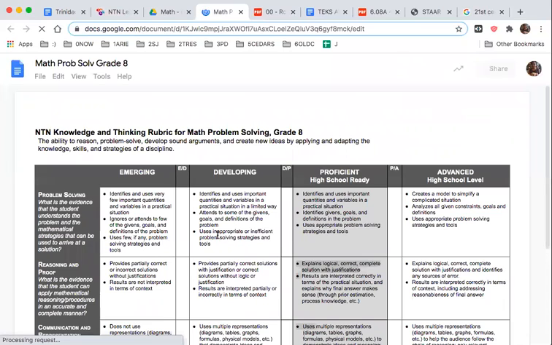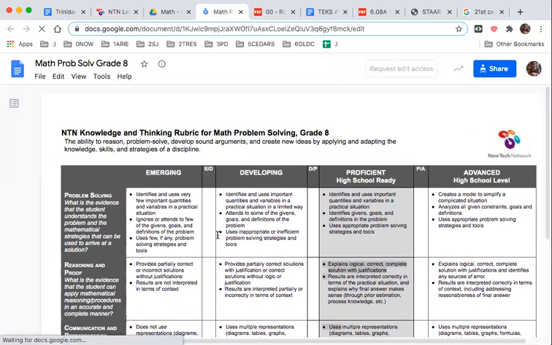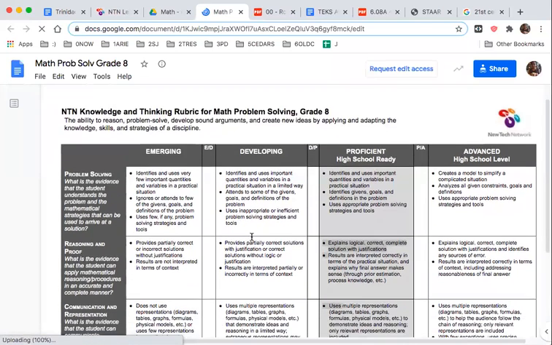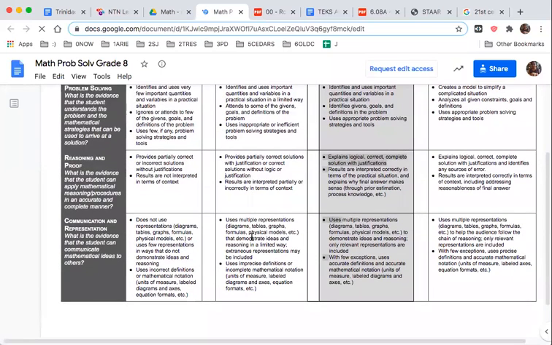So when I open the math problem solving, this is critical thinking as it appears within a math course. After looking through this rubric, the thing that really connected with me for this particular project was the strand that has to do with multiple representations.